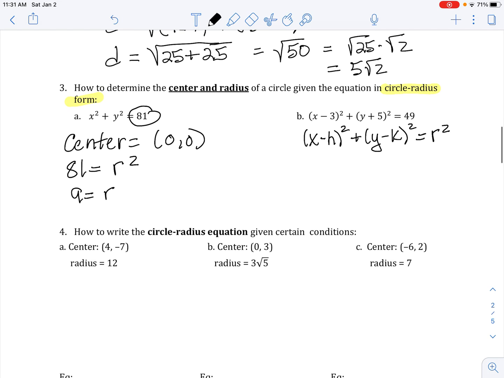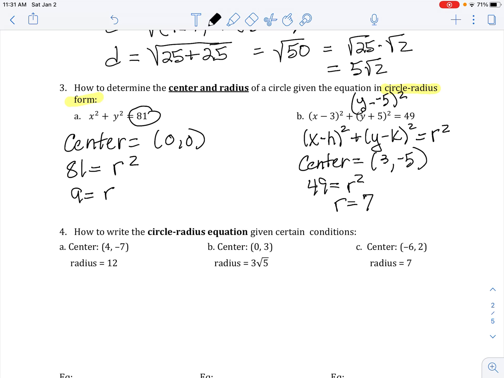So that's going to be a center equal to 3, comma, negative 5. So it's actually the opposite, because in order for it to be y minus k, this would have to be y minus a negative 5. So you have to rewrite it in order to determine what the shift is. So that is a down 5. So right 3, down 5. So my center is at 3, negative 5. 49 equals r squared. R equals 7.